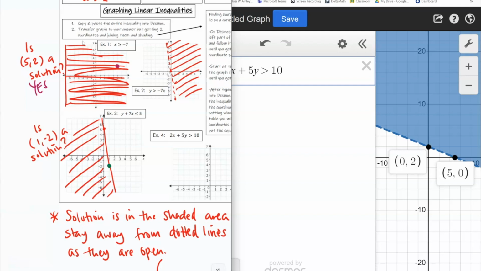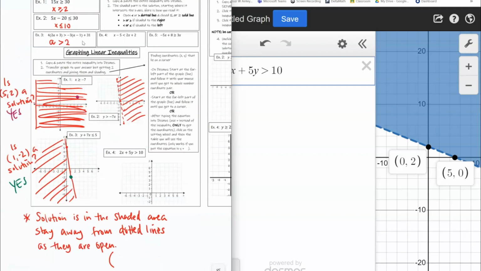It is on this line. So the question being is, a solution is in the shaded area, stay away from dotted lines as they are open. So what about solid lines? Can I be on a solid line? Yes, because a solid line is closed, which means it includes it. So yes, because this is a solid line, it includes that. So anything here, here, anything here, and over here, those are all solutions.